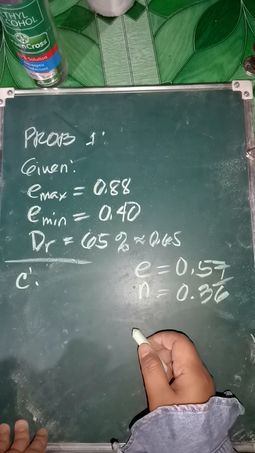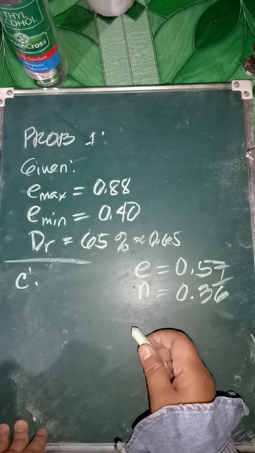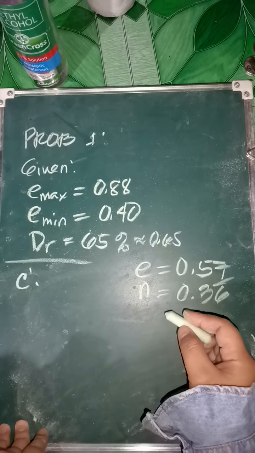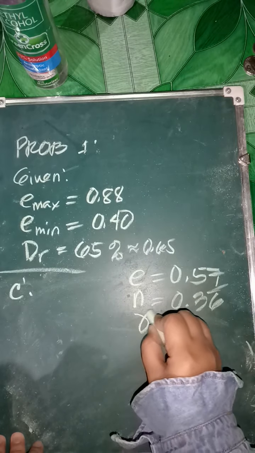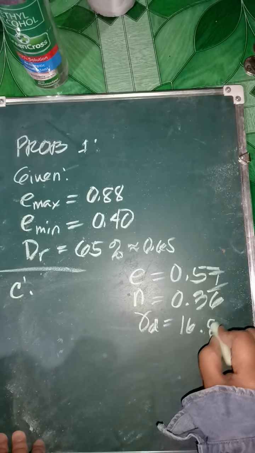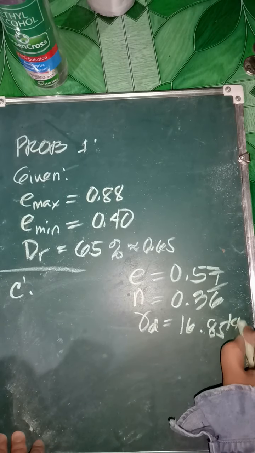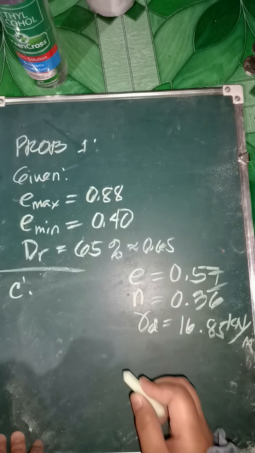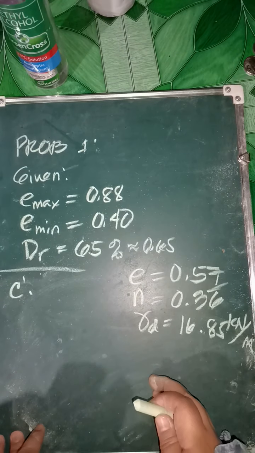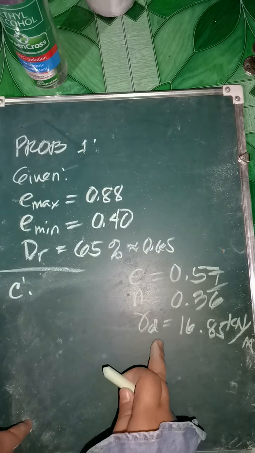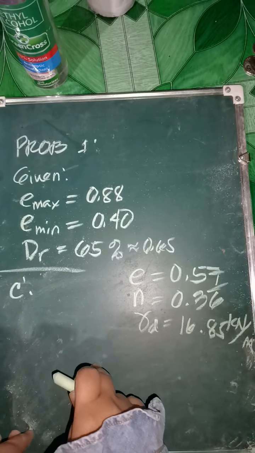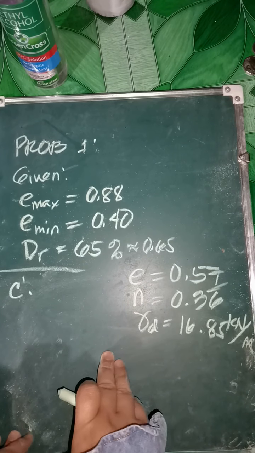Then we're going to solve for the specific gravity, given the unit weight dry equivalent to 16.85 kilonewton per cubic meter. To solve for that, we can use the equation for the dry unit weight in relation to the specific gravity and the void ratio.